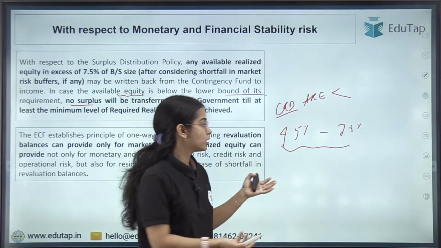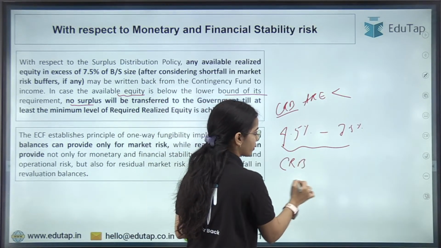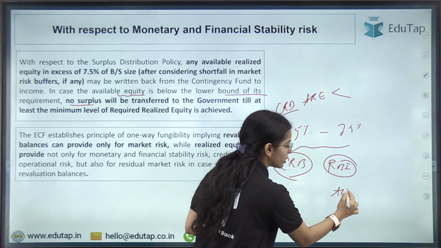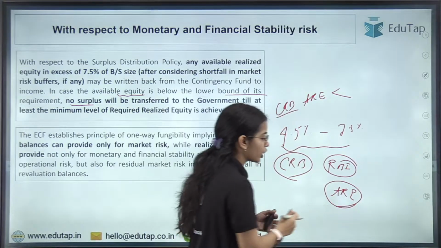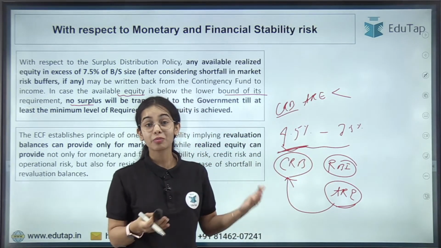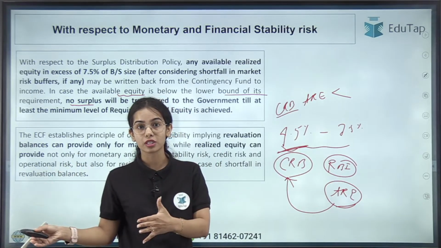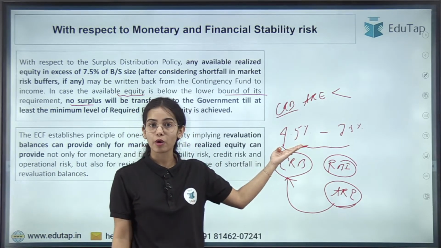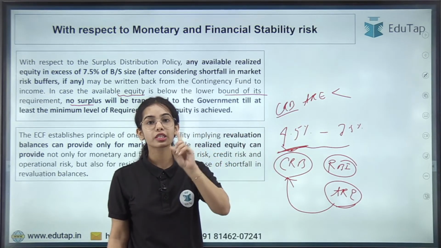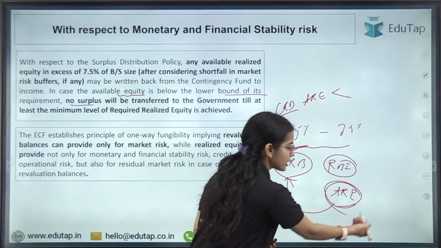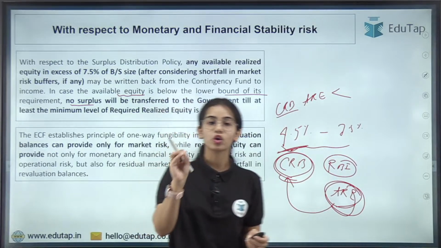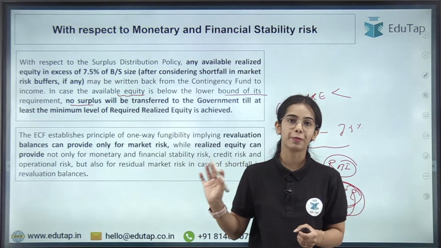That means if the RBI does not have enough available realized equity to maintain the contingent risk buffer at 4.5%, that is the lower bound, the RBI does not have enough buffers. It is not even able to meet the lower bound of the contingent risk buffer. So in this case, the RBI will first think of replenishing its capital, will first think of maintaining the buffers, and so no surplus transfer will happen to the government of India.